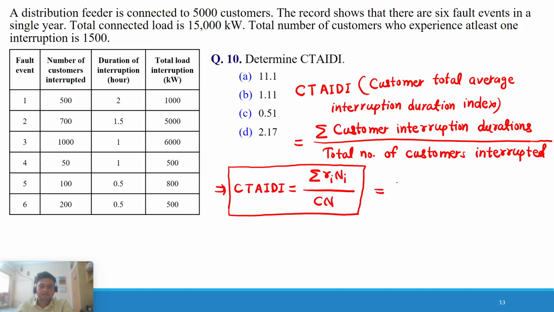Sigma RiNi is 3250 and CN, the total number of customers who experience at least one interruption, is 1500.